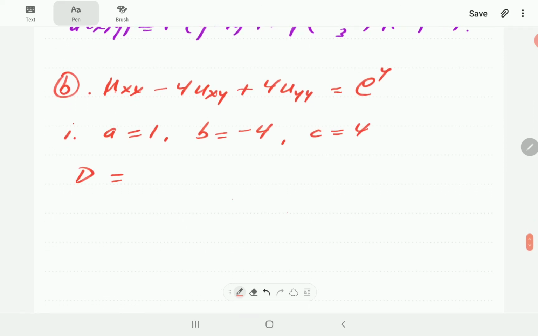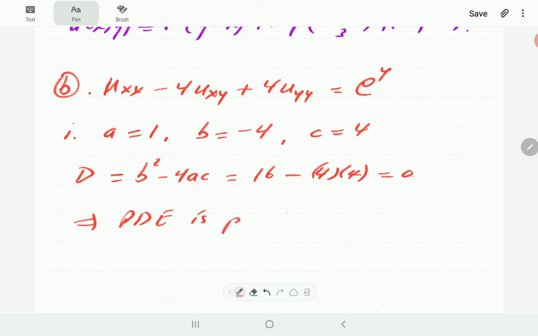The discriminant, b squared minus 4ac, is going to be 16 minus 4 times 4, which is 0. So this PDE is parabolic.